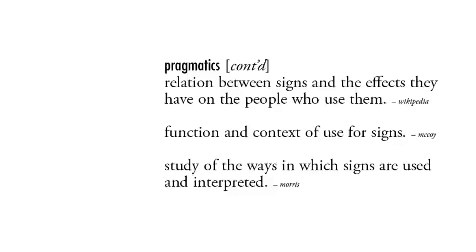So very similar. And then our third source says that pragmatics is the study of the way in which signs are used and interpreted. So again, it's about the daily use, the way that context affects our language. If we're in a particular situation, we might communicate differently than if we're in situation B.